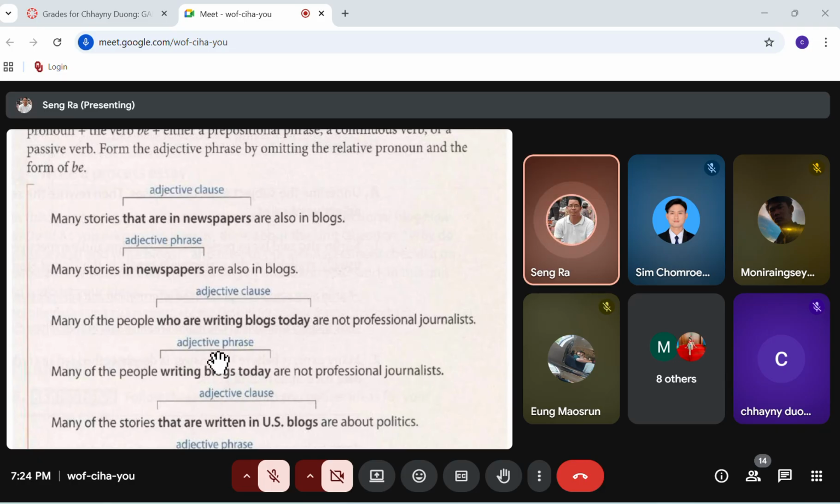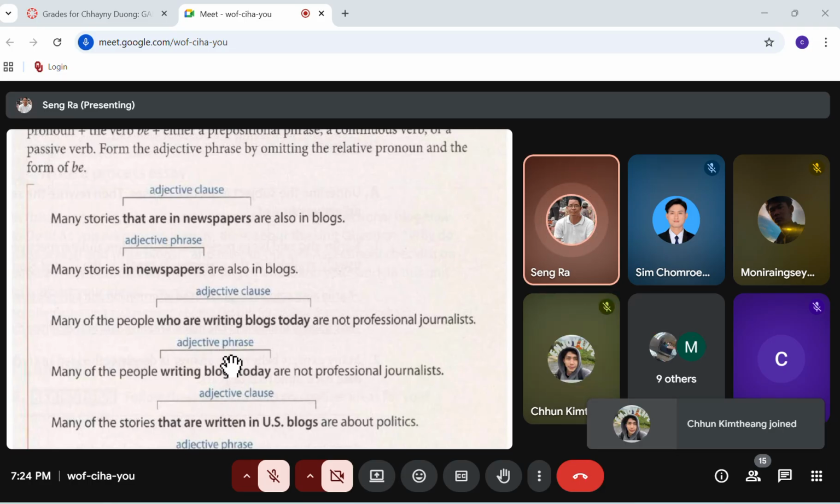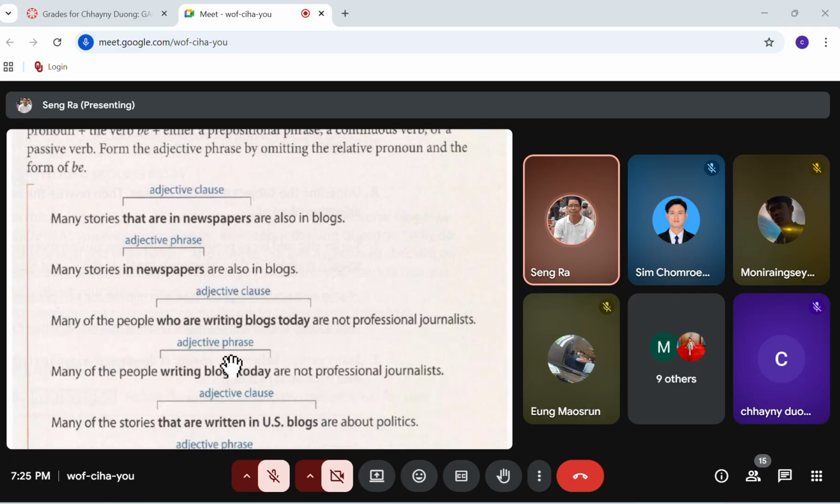So you can see many of the modifying phrases actually come from the clause reduction, the reduced clause. Whether you reduce an adjective clause or reduce an adverb clause to a participle phrase, to an adjective phrase, that depends on what you want.